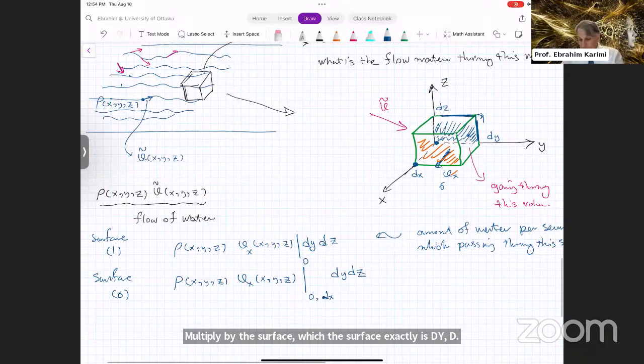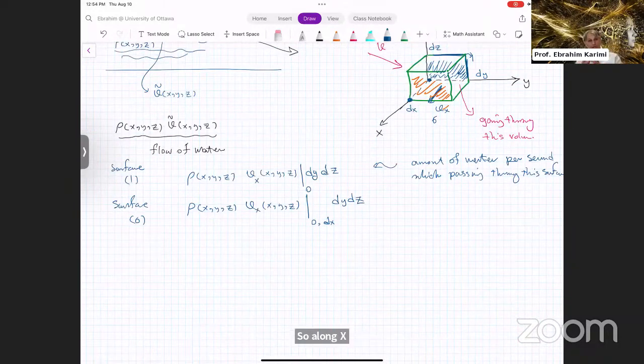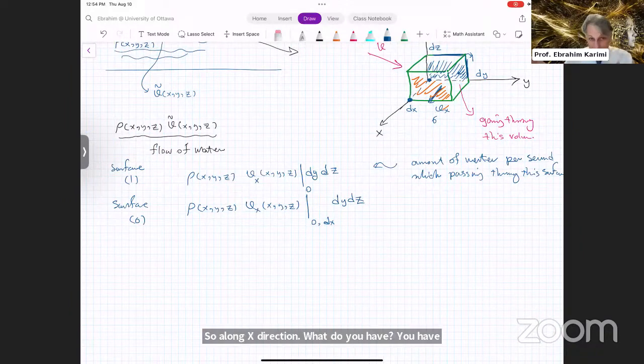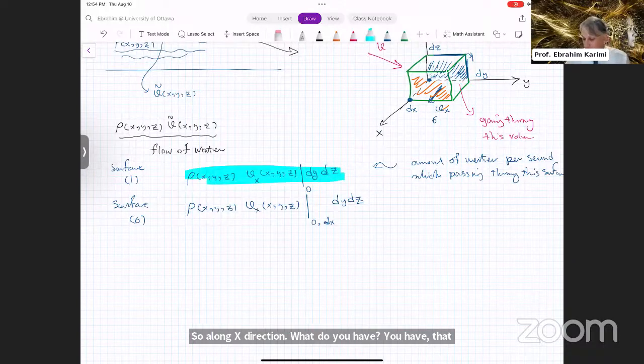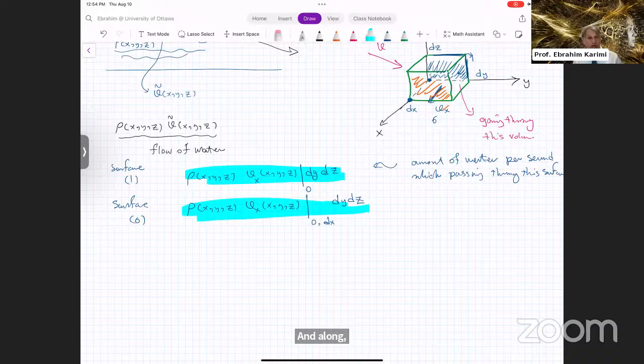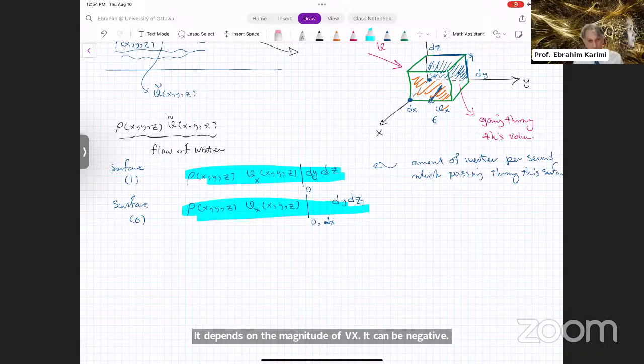So along the x direction, you have that specific amount which is coming in, and on the other side that specific amount which will exit, or vice versa. It depends on the magnitude of Vx. It can be negative, it can be positive. But what is important is that the subtraction of the two will tell us how much water exists inside of this.